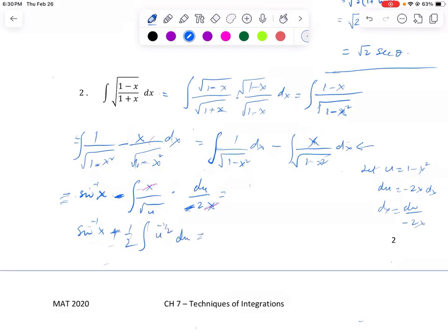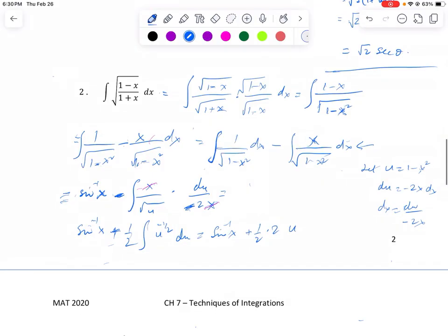So now this quantity can be integrated. So we end up getting sine inverse x plus 1/2 times 2. How am I getting that 2? I will get this when I integrate u to the negative 1/2, which will become u to the 1/2 divided by 1/2, which means multiplied by 2.